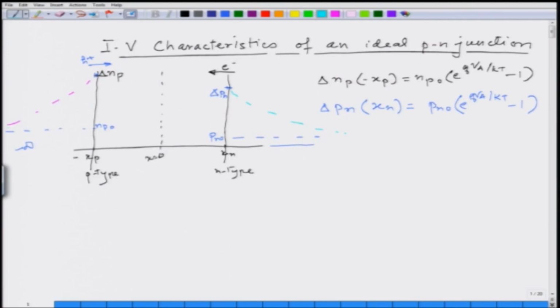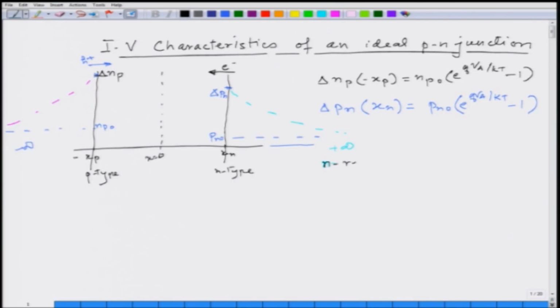We know the boundary condition at x n, this is the excess carrier concentration at plus infinity, it is going to come down to p n o, and on this side the boundary condition is delta n p at the edge, and at negative infinity it will reduce to n p o. So, with this boundary condition, it is a continuity problem of minority carriers. So, let me solve it for the n region first.